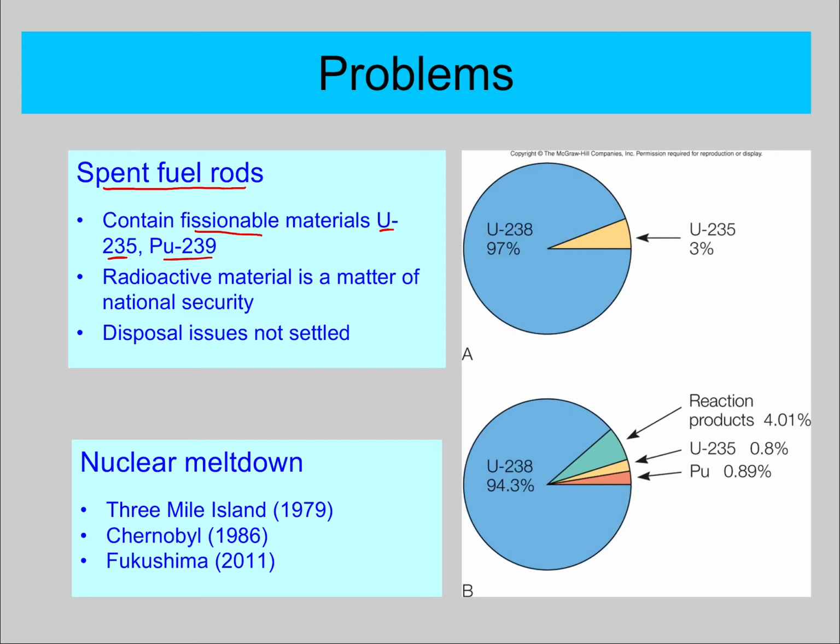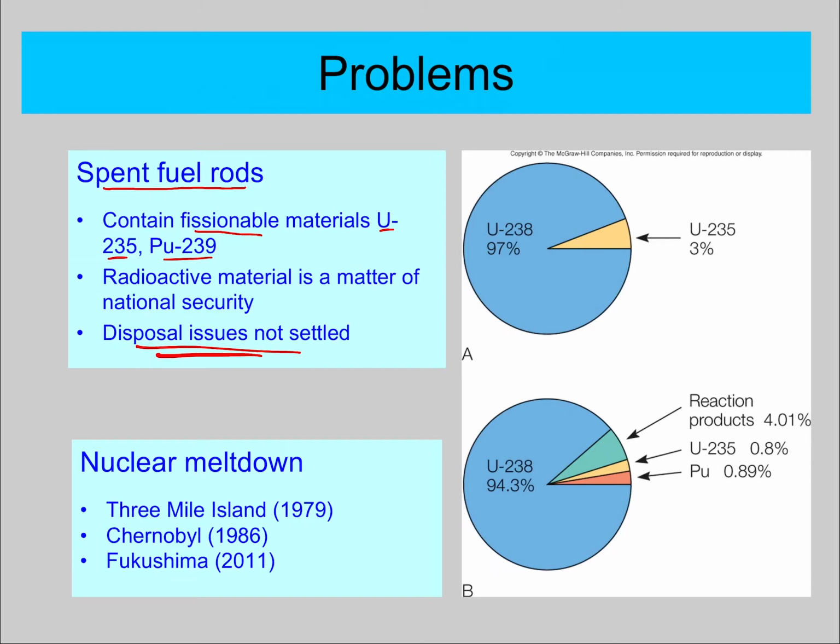There's just not agreement about what's best. Is it best to use up all the radioactivity and then dispose of it as non-radioactive material? Or is it best to recycle this fissionable material for another purpose? That would help avoid the national security issue, but it would mean that we're not wasting the potential energy, because we could still harness a lot of energy from uranium-235 and plutonium-239.